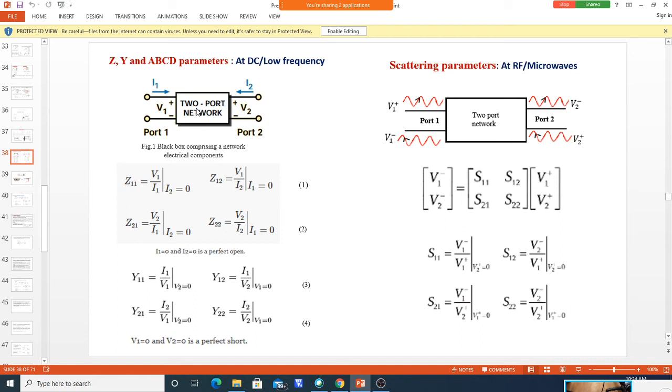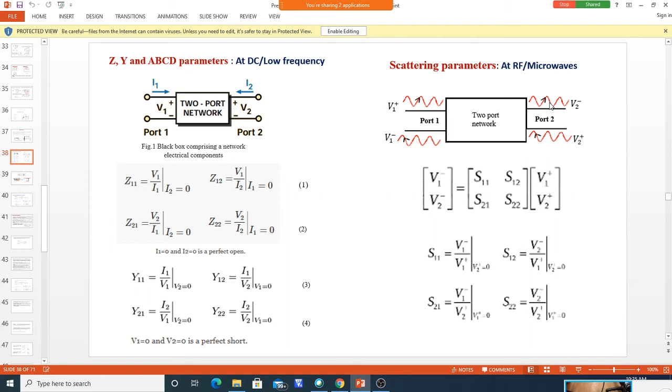That is why we go for parameter measurements, and we represent that box using these parameters. If you know these parameters, we can easily see what is inside the box. So at low frequency, this is what we have: voltage, current and impedance.